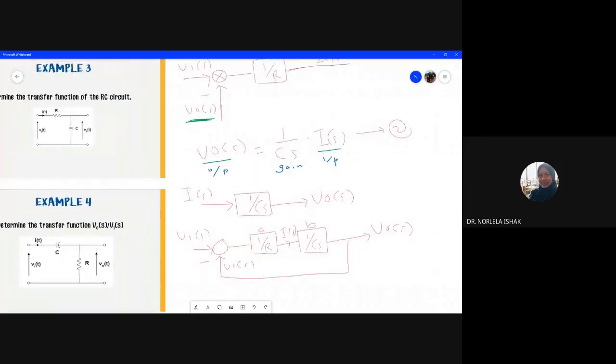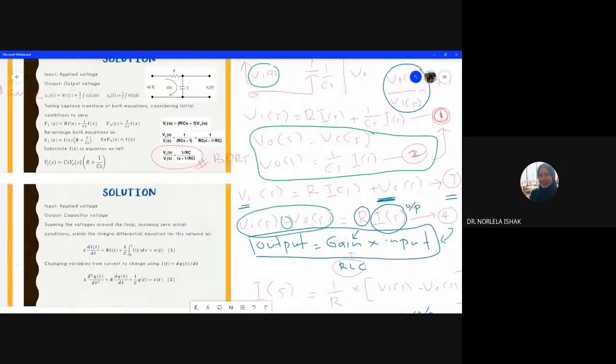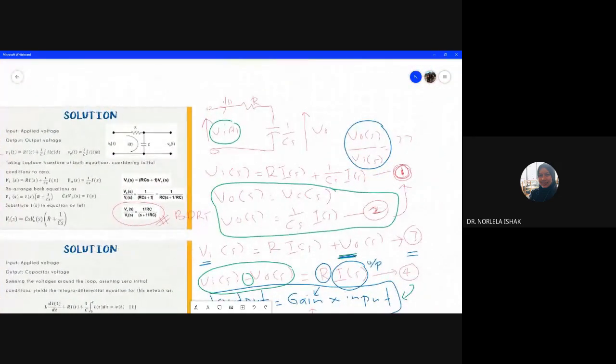Our overall block diagram represent what? Represent our example number 1. Where is example number 1? Where is the circuit? Okay, this one. Okay, this is our circuit number 1. Okay, so this is the equivalent transform impedance.